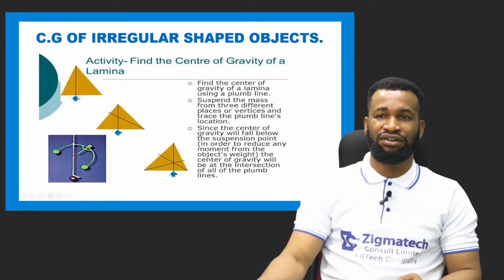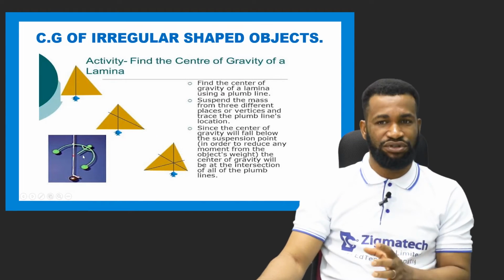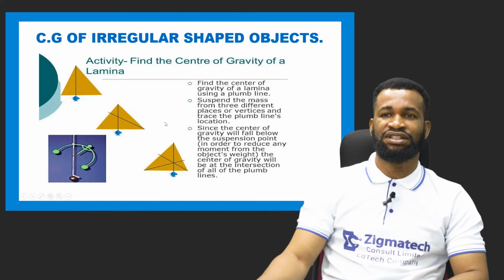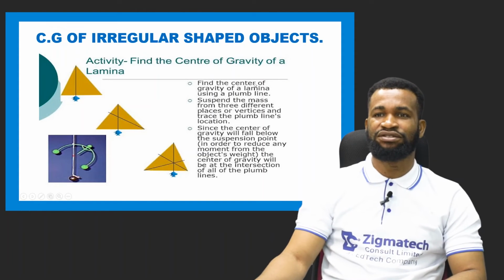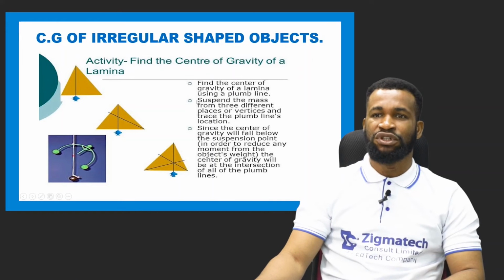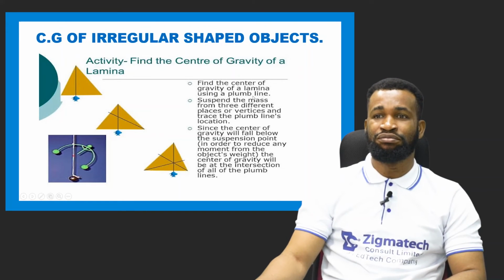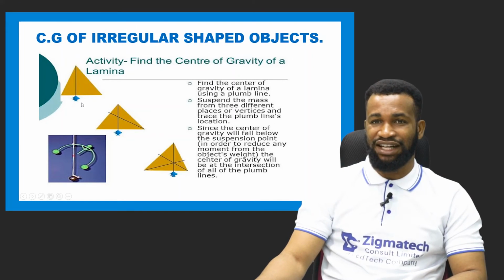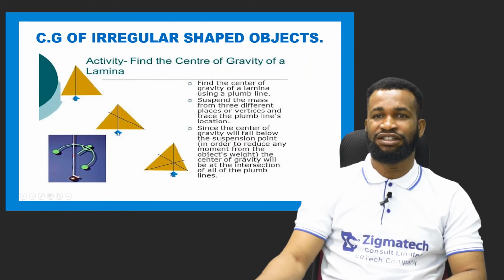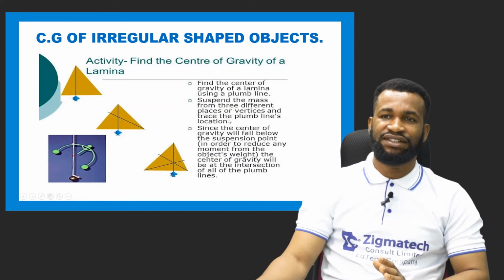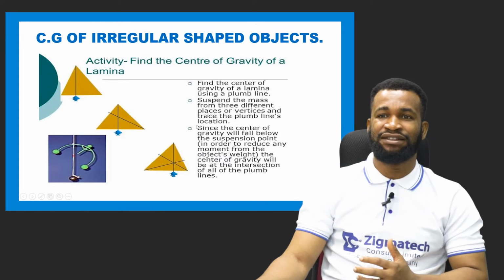We now use another kind of approach to find where the center of gravity is. Number one, find the center of gravity of a lamina using a plumb line. Look at this plumb line, this rope, that is the plumb line. Number two, suspend the mass from 3 different places or vertices and trace the plumb line located.